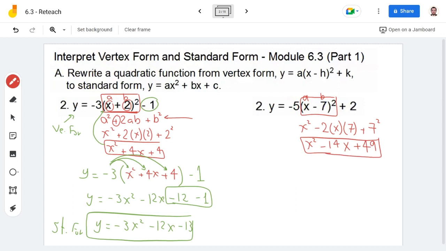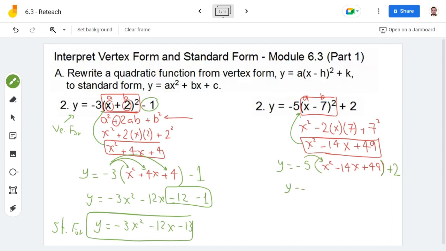Now let's add this one here, replace it. So y is equal to negative 5, open a bracket, x squared minus 14x plus 49, close the bracket, then plus 2. Now use the distributive property.